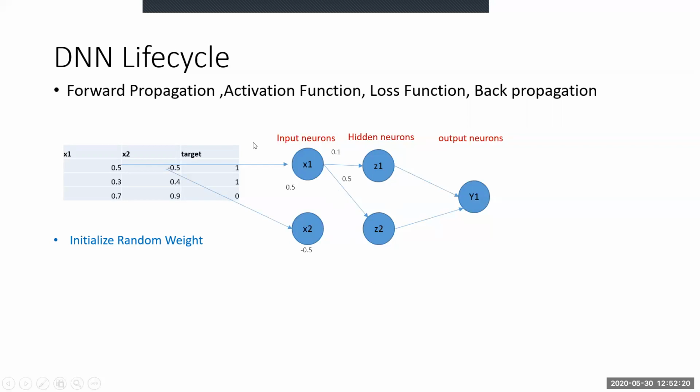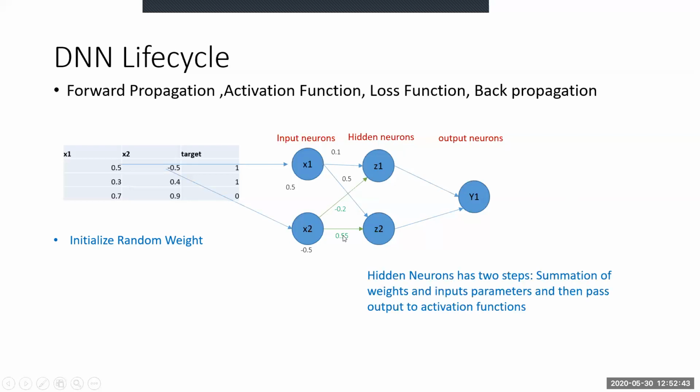So from x1 to z1, my 0.1 weight would be initialized, and it is random in nature. And x1 to z2 would be initialized to 0.5. Similarly, from x2 there would be 2 connections to z1 and z2, initialized randomly, minus 0.5 and 0.55, right?